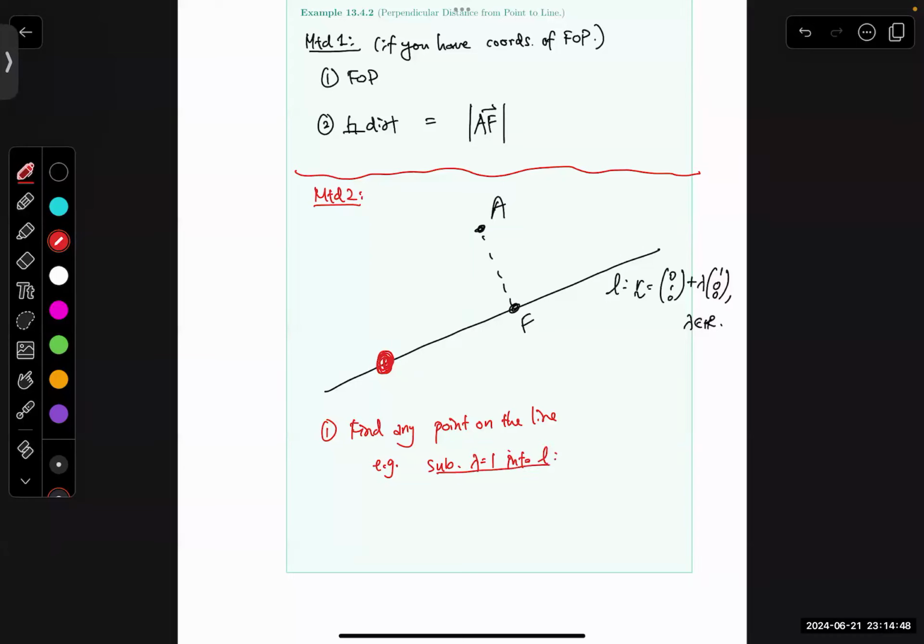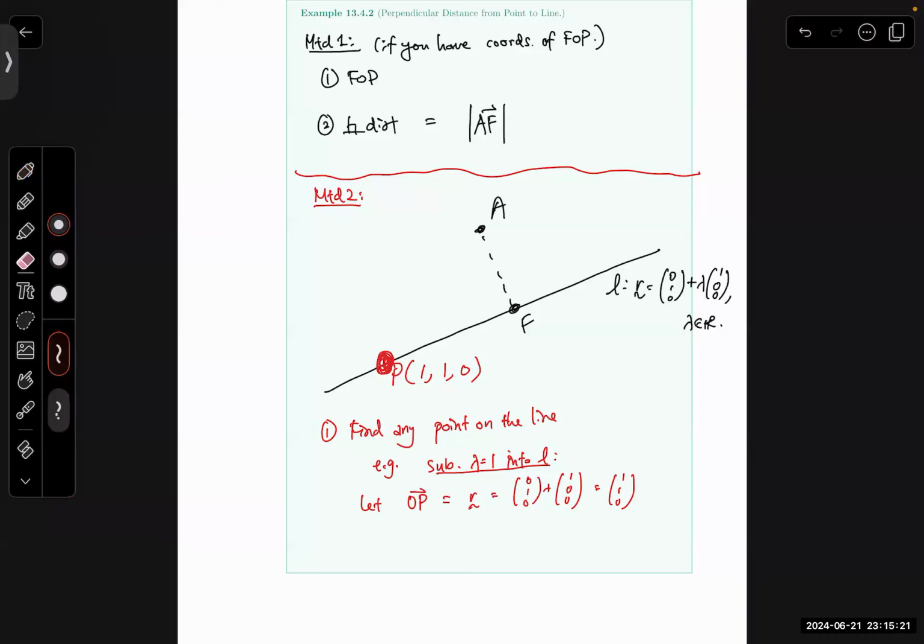So what I'll get is the position vector equals 0, 1, 0 plus 1, 0, 0. So 1, 1, 0. Okay, so I have a point 1, 1, 0. Let's call this point P. Let vector OP equal this.